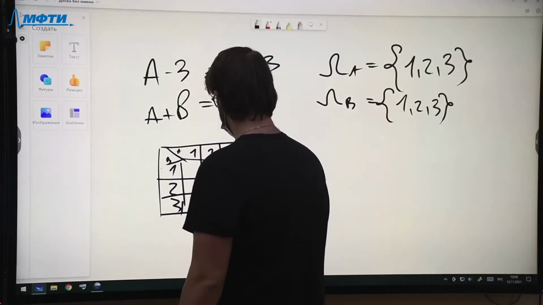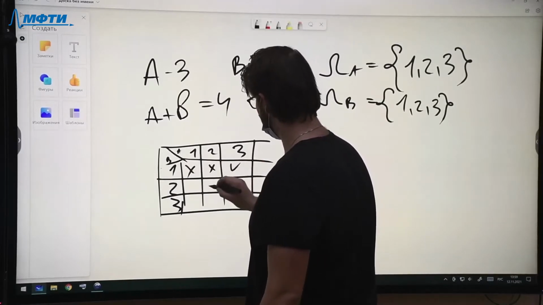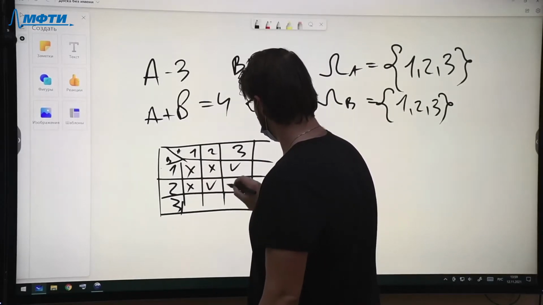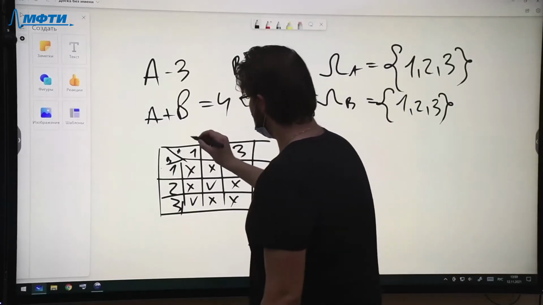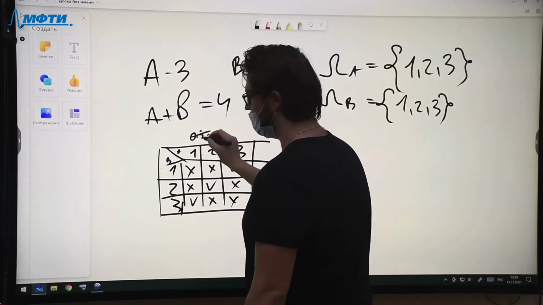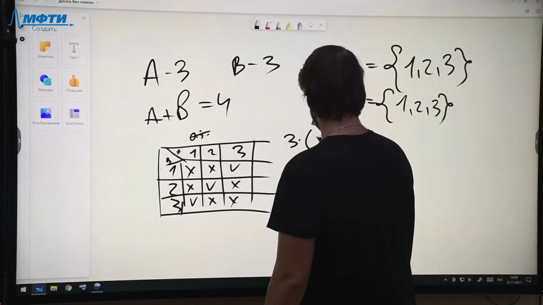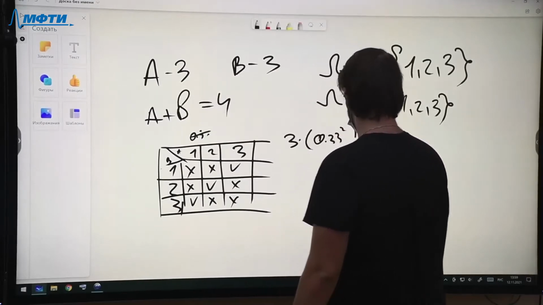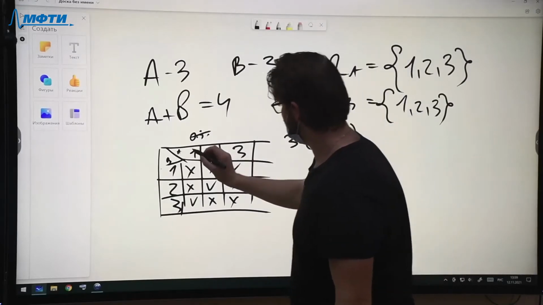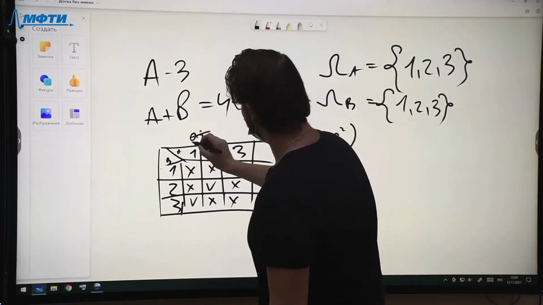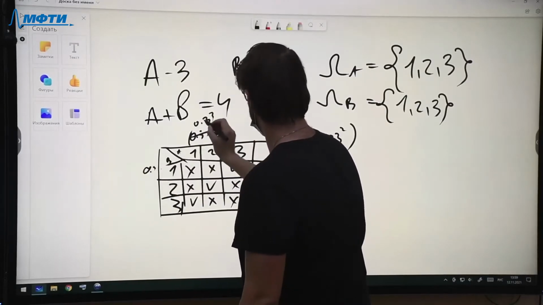Now we can check. 1,1 won't work, 1,2 won't work, 1,3 will work, 2,1 won't work, 2,2 will work, 2,3 won't work, 3,1 will work, 3,2 won't work, 3,3 won't work. Everything has 1/3 probability, so the answer should be 3 multiplied by 0.33 squared, which is 1/9 for each pair. To get here is 0.33, and to get here is 0.33, multiplied and taken 3 times.